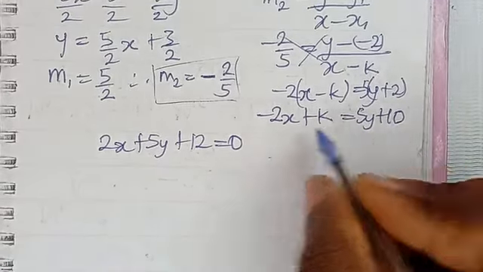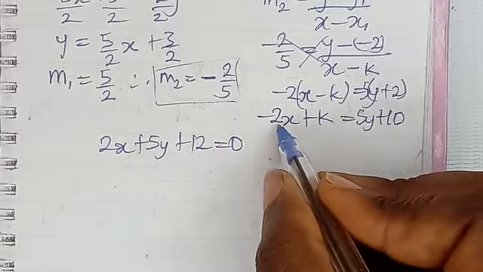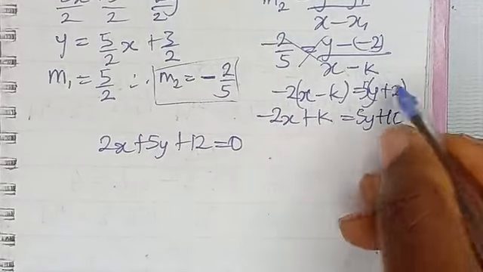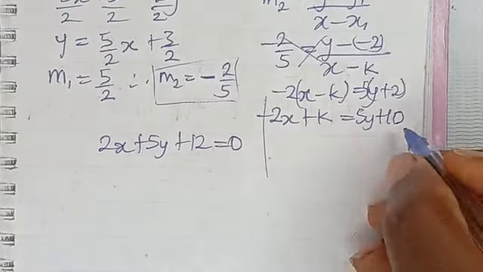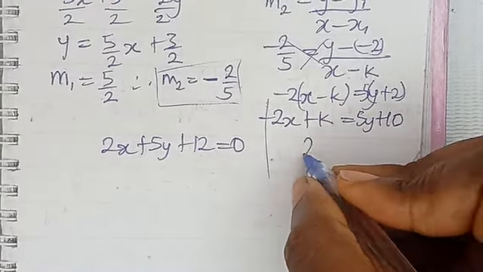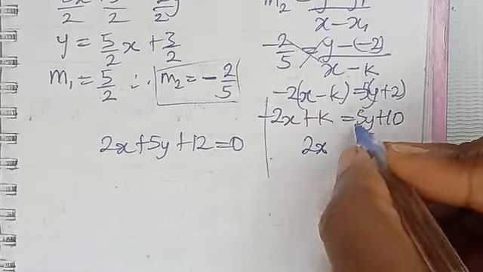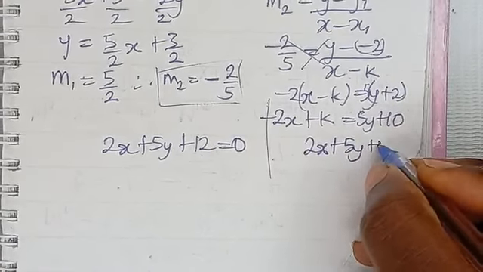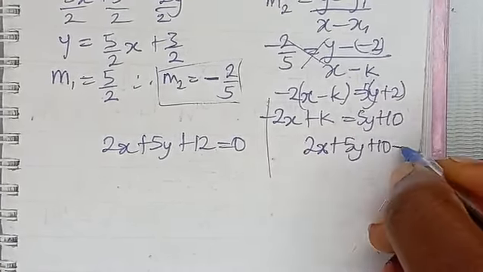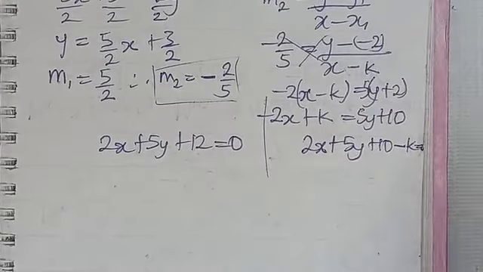Now let's rearrange this to look like this. It has positive 2x, so everything is sent to this side, right? So 2x comes to this side. The 5y is already here. And then plus 10 is already here. The k comes as negative k and we equate it to 0.